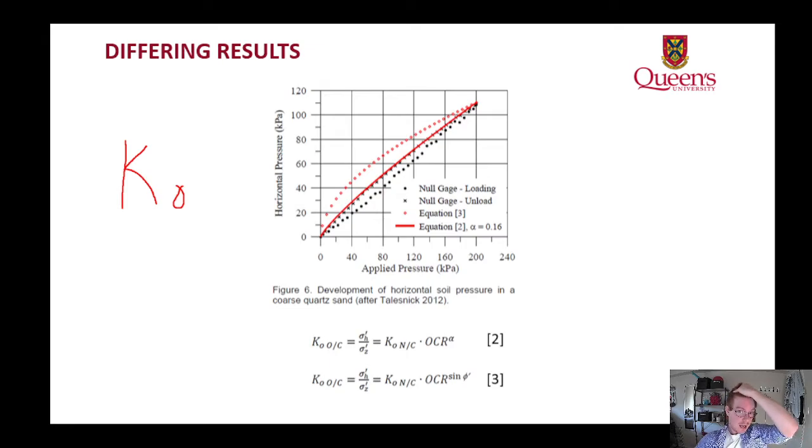So almost linear, a little bit of hysteresis taking place, and we've tried to fit two of the following equations. We've done our best to fit K0 for the overconsolidated conditions using a fitting parameter alpha, as well as this earlier version of the same equation, the Main-Calawi relationship, where we use sine phi.